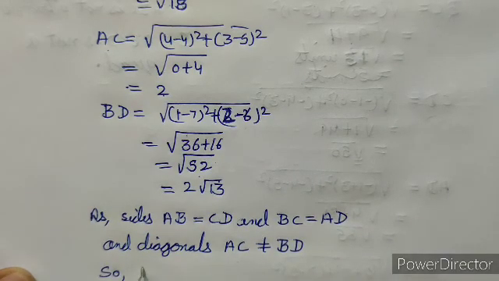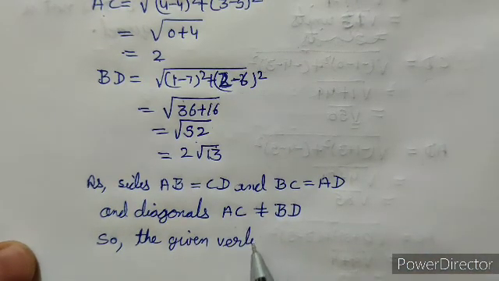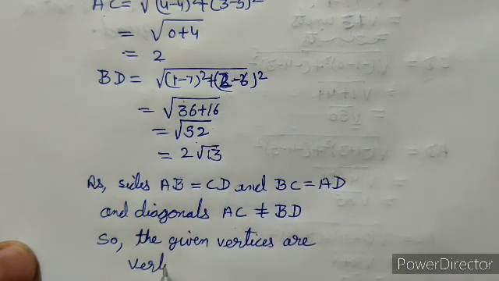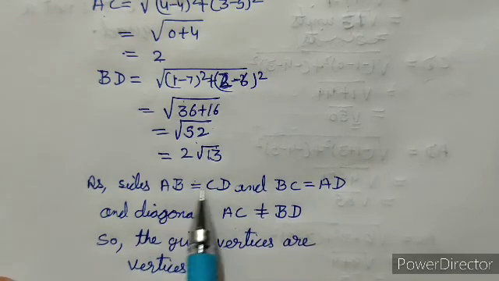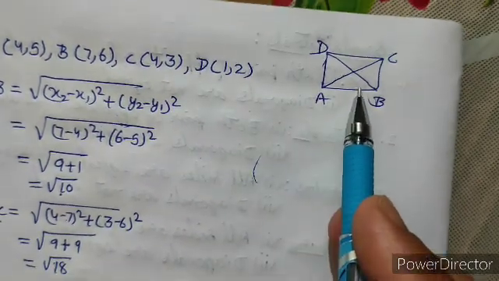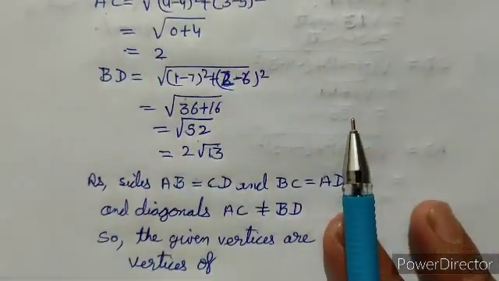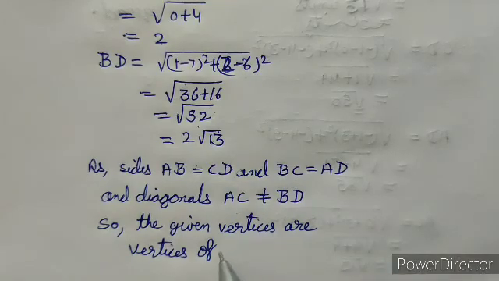So the given vertices are vertices of, now here opposite sides are equal. AB is equal to CD and BC is equal to AD, and diagonals AC and BD are not equal. So we can say that this is a parallelogram.